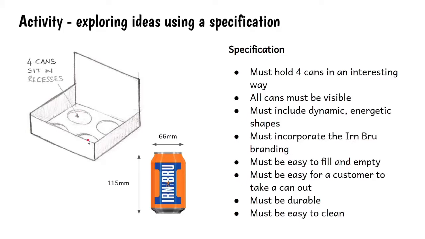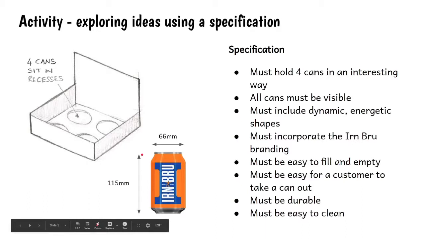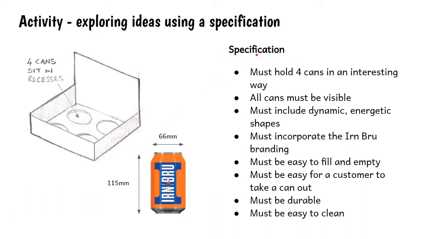We don't know what it's made from, we don't know the colour of it, we don't know the thickness of it, or anything like that. Our research has also shown us that an Irn Bru can is these sizes right here, 66mm across the diameter and 115mm tall. The research has also enabled us to write a specification too.